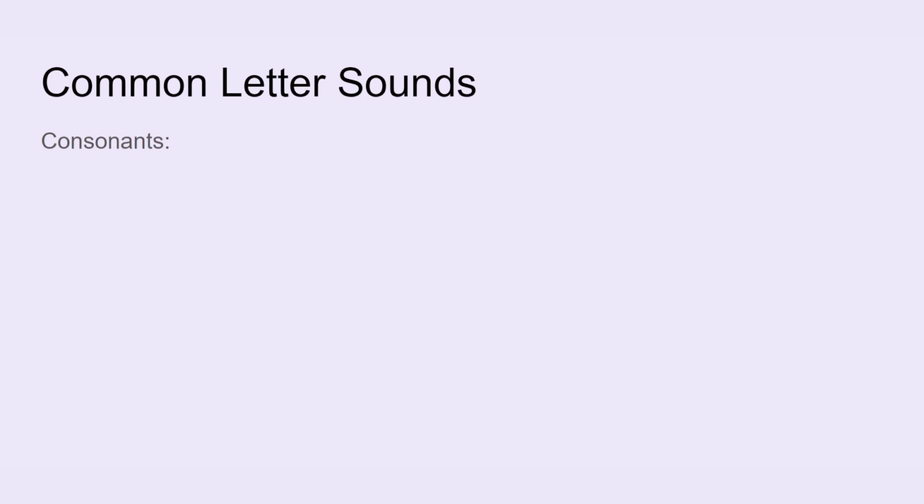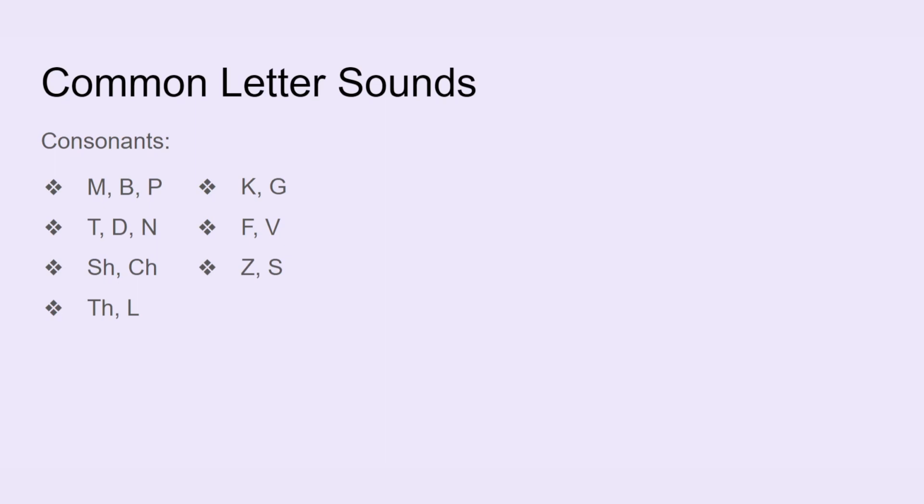So the consonants for the common letter sounds are m, v, p, t, d, n, sh, ch, th, l, k, g, p, v, z, s, and those sounds correspond to the Roman English alphabet letters.